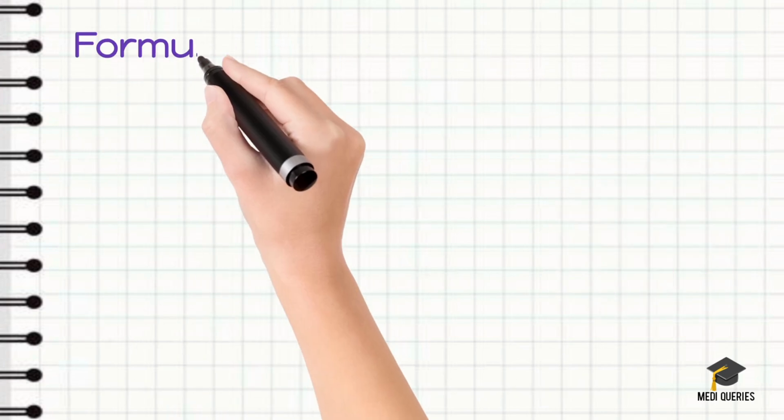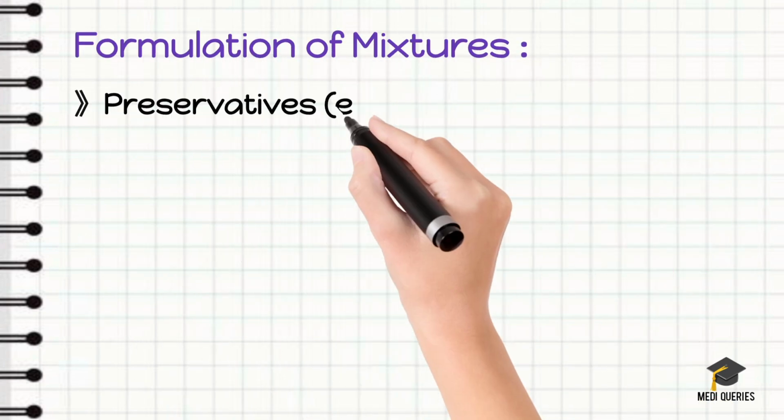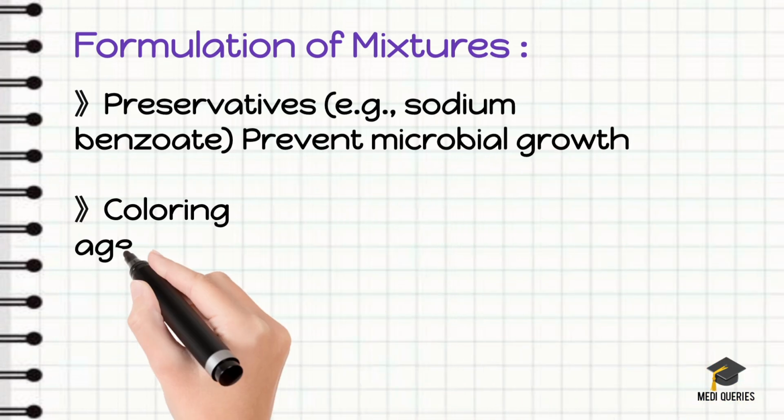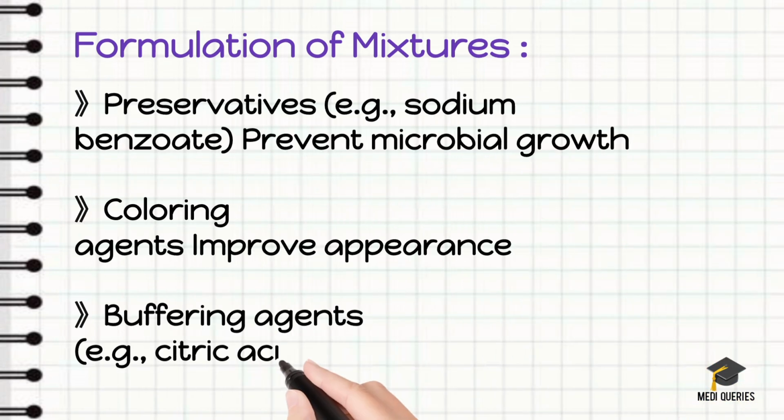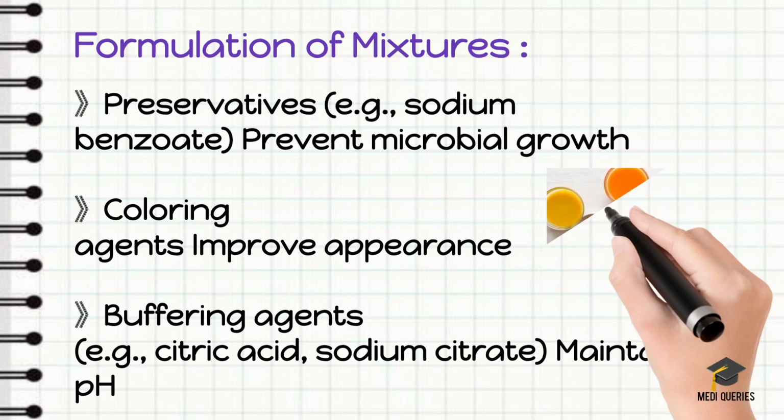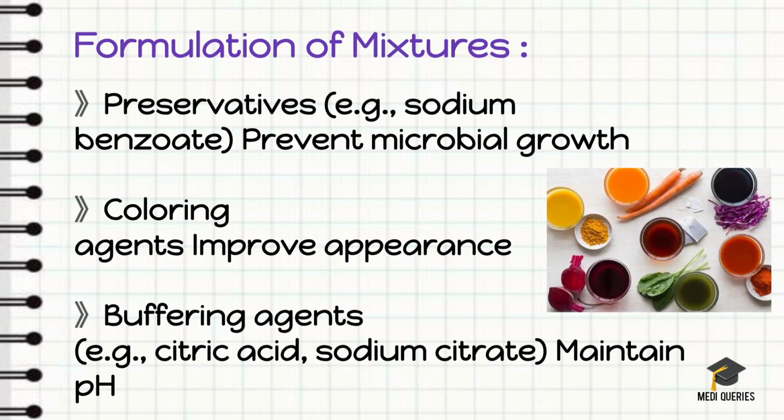Preservatives are mainly used to prevent microbial growth. Example, sodium benzoate. Coloring agents are used to improve the appearance of the preparation. FDA approved colors need to be included in the preparation. Buffering agents are used to maintain the pH levels. Example, citric acid buffers, sodium citrate.